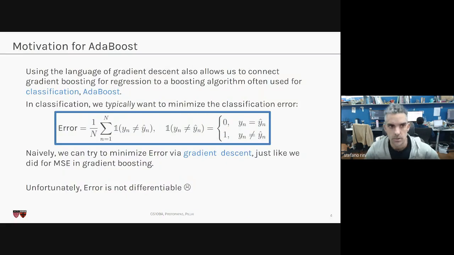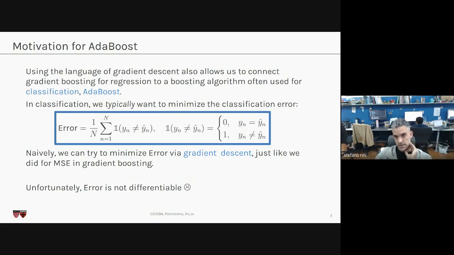Good. So let's go back to the motivation of AdaBoost. Let's keep using the language of gradient descent, so that we can keep connecting boosting with regression, which will help us bring the things that we learned about gradient descent to this.